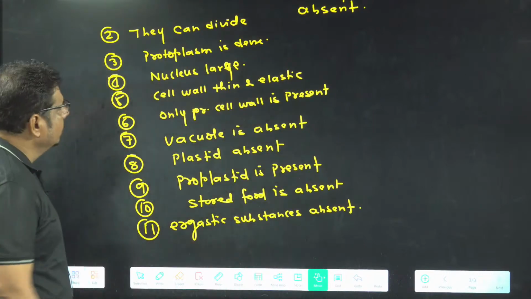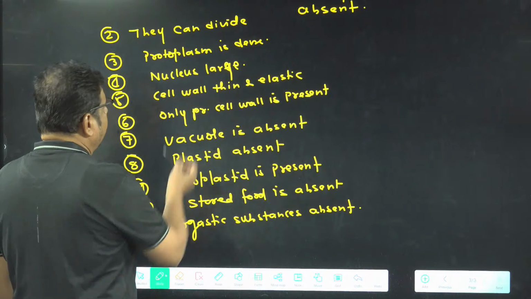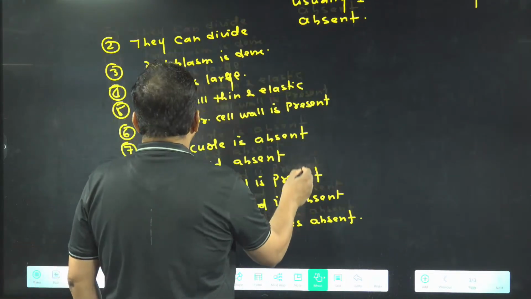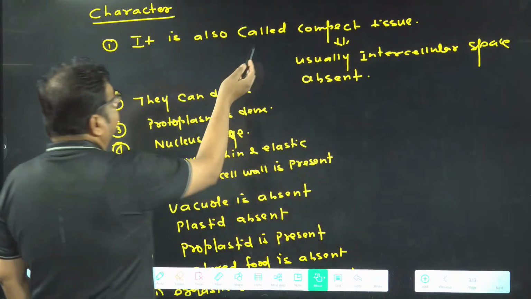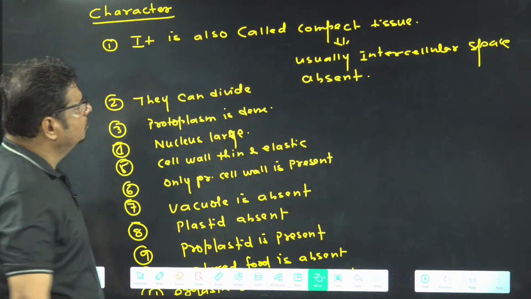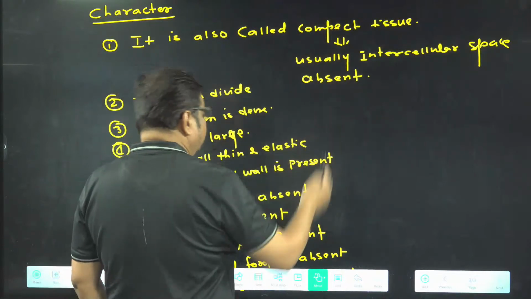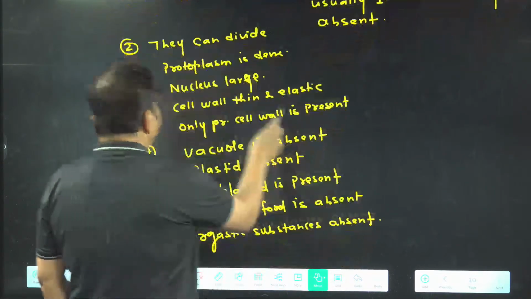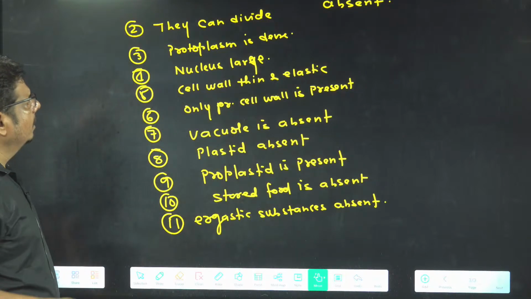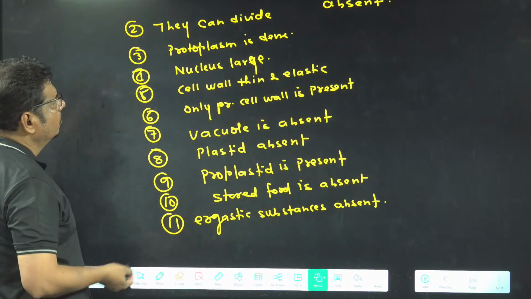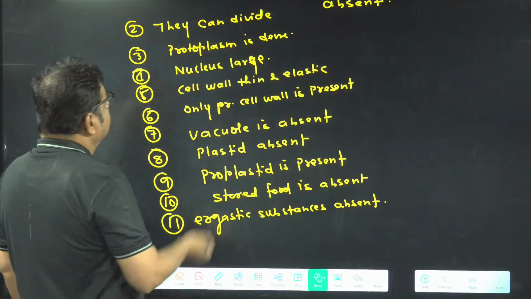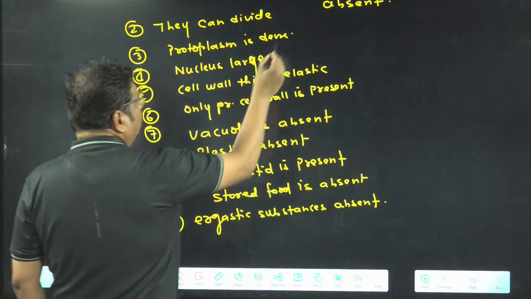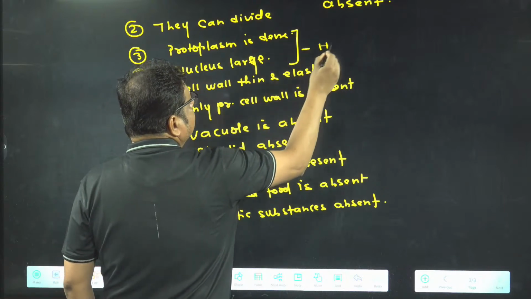Meristematic tissue. What did I write? They have the capacity of division. And in the beginning I wrote that basically it is called compact tissue. Why is it compact tissue? Because usually intercellular space is absent. They can divide. Protoplasm is dense, nucleus is large, and these two help in high metabolism.